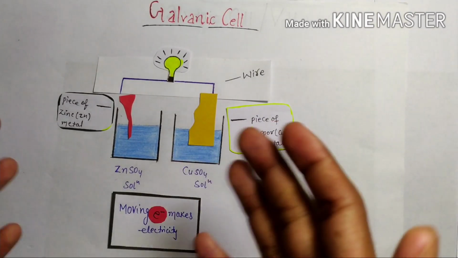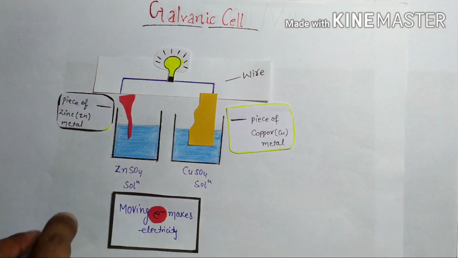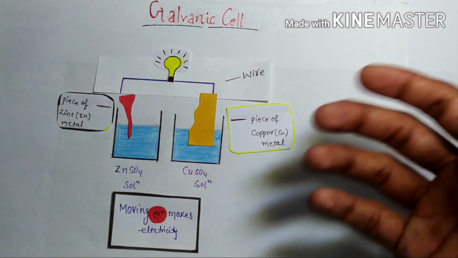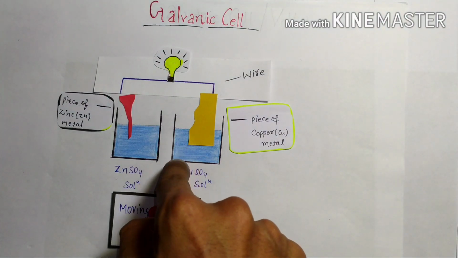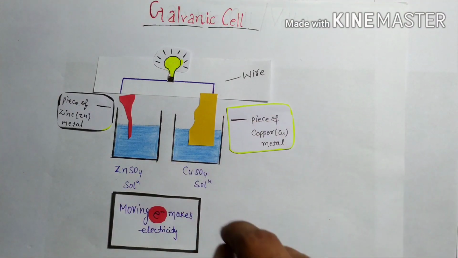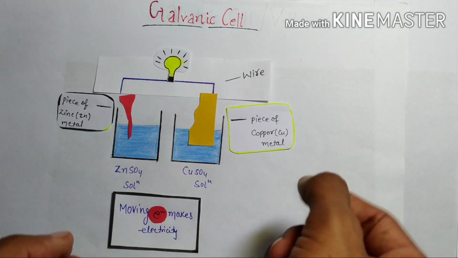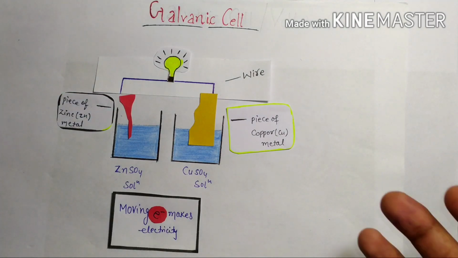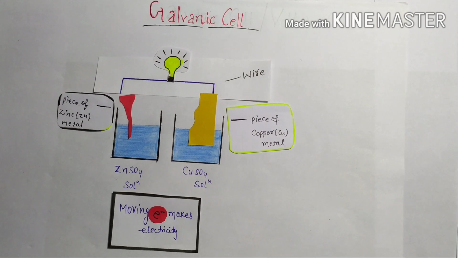After the reaction goes on, the zinc anode gets smaller, and the cathode becomes larger, because the Cu2+ ions make up the Cu solid. That's why the Cu solid goes onto the metal piece and increases the size of the cathode. But in the case of the zinc electrode, the zinc goes into Zn2+ after losing 2 electrons and goes into the solution, and that's why there is a deterioration of the zinc anode.